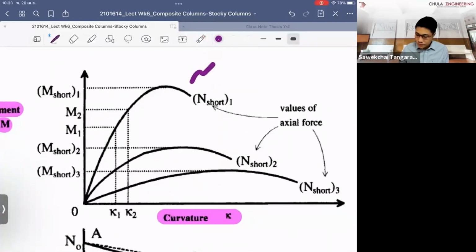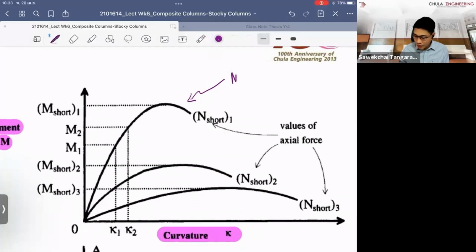This is, for example, for neutral axis 1. And this is for neutral axis 2. And the last one is neutral axis 3.